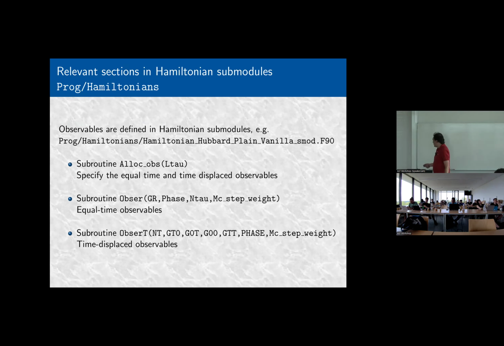Then there are 2 routines, the subroutine observe and the subroutine observe T, which contain the call to the routine that measures the actual time displaced or equal time observable. So if you have defined a new routine that computes your specific observable, then you have to remember to insert here or here the call to this observable. That's all you have to modify in the main program.